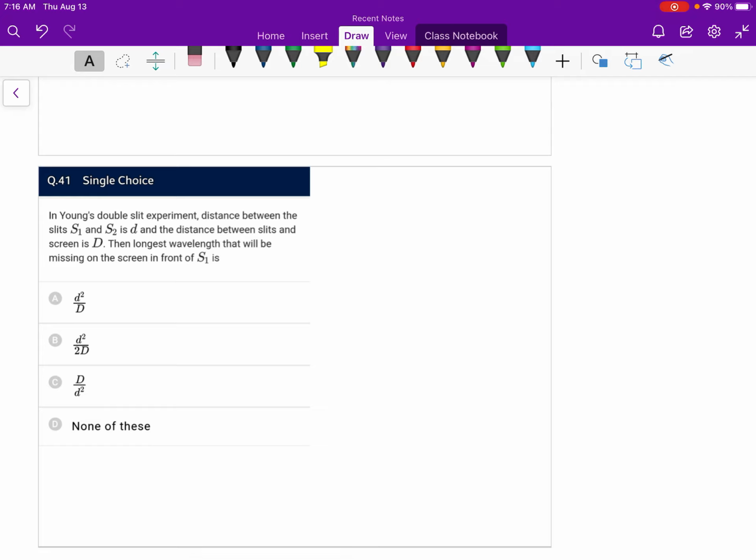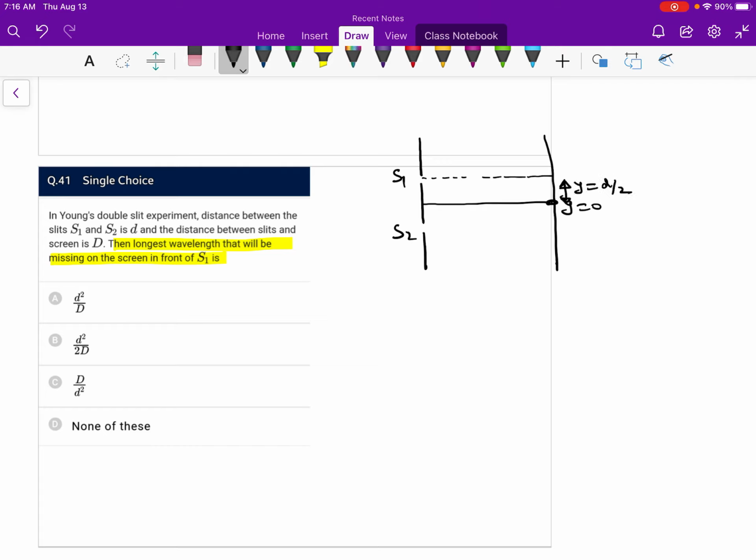The longest wavelength that will be missing on the screen in front of S1. So in front of S1 in a typical YDSE setup, this is Y equals 0, and in front of slit 1, Y coordinate is D by 2.